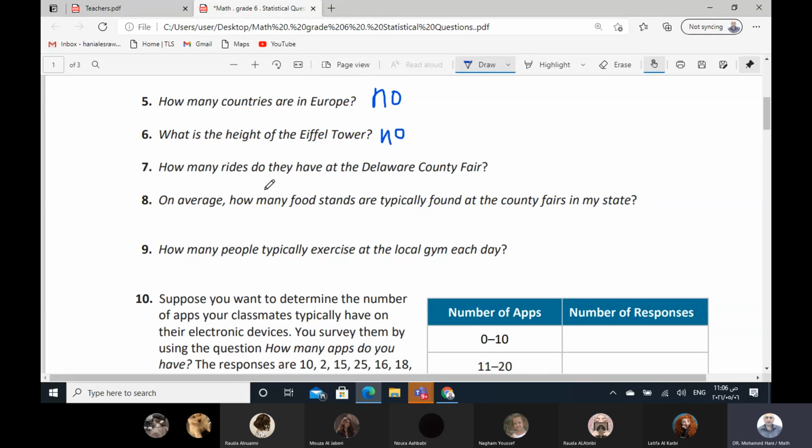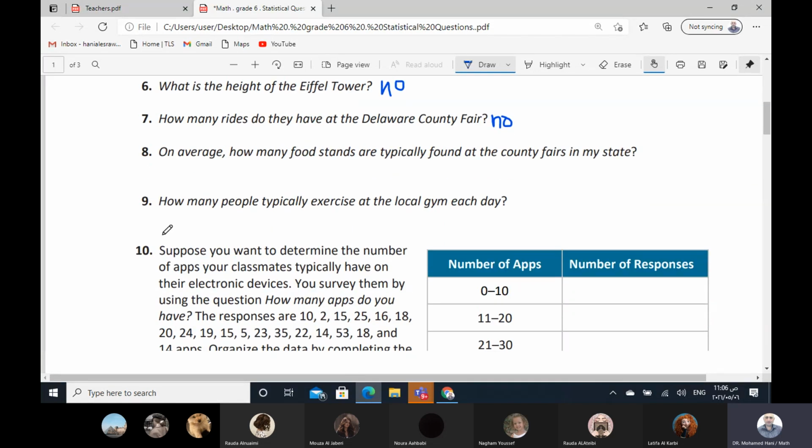How many rides do they have at the Delaware County Fair? Not statistical. On average, how many food stands are typically found at the county fairs in my state?